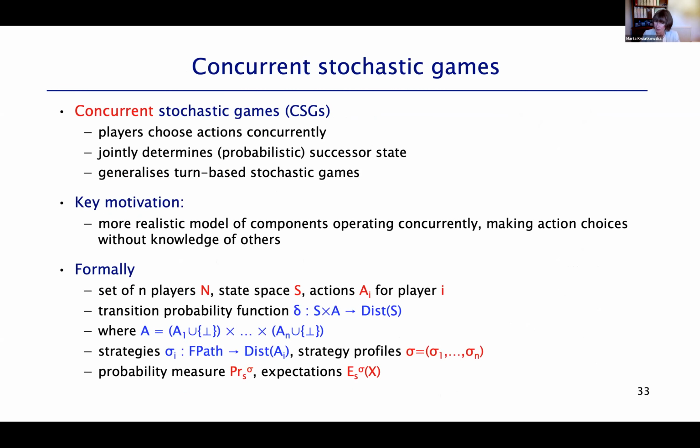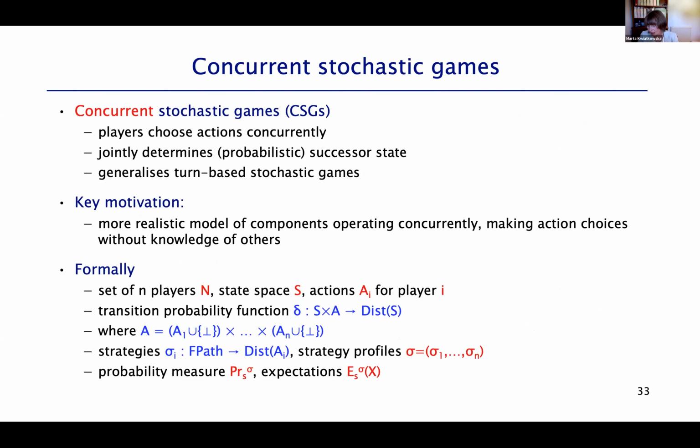Okay, now, but in that case, what I was talking about is, well, turn-based games where I have finitely many states, I have finitely many agents, but each state is controlled by only one agent. So from that point of view, this is something that's kind of very similar to Markov decision processes.